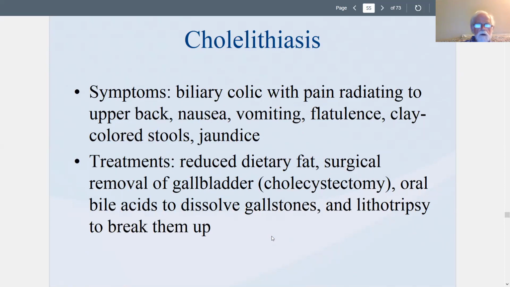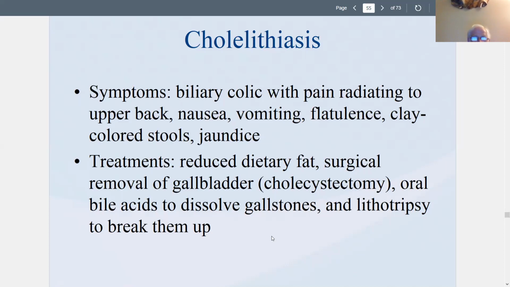Biliary colic comes with pain radiating to the upper back, nausea, vomiting, clay-colored stools, and jaundice. We can be jaundiced with cholelithiasis. Again, we can look at several things.